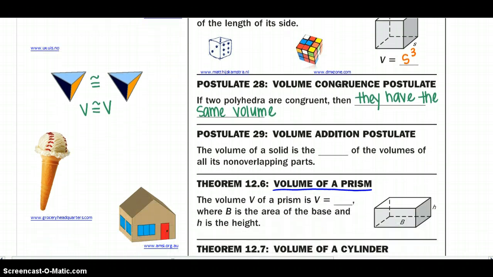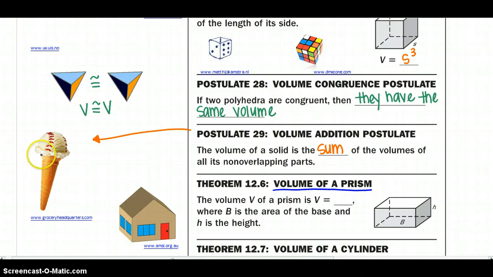Theorem 29 says the volume addition postulate. The volume of a solid is the sum of the volumes of its non-overlapping parts. Most of the time we'll just deal with a cube or a rectangular prism, but what if I wanted to find the volume of an ice cream cone, and yes, it has a baseball ice cream on top?